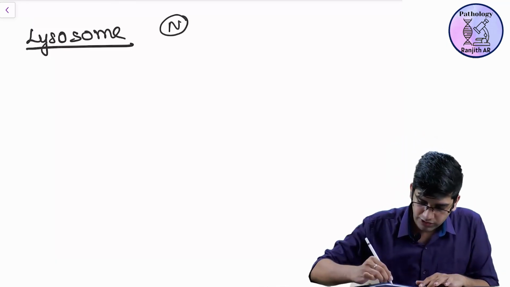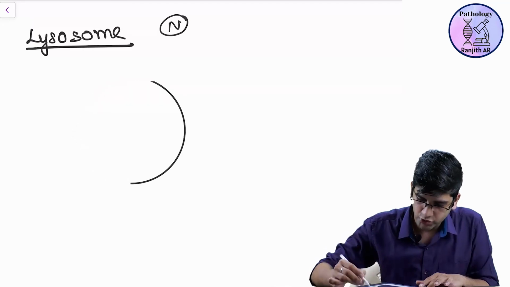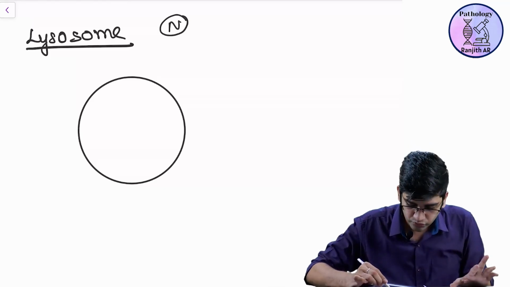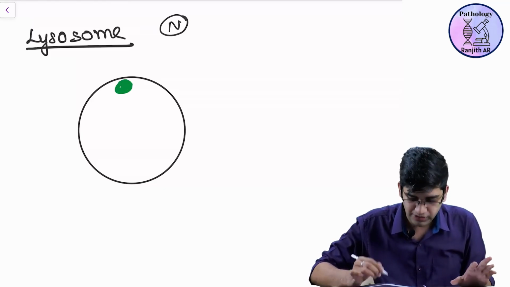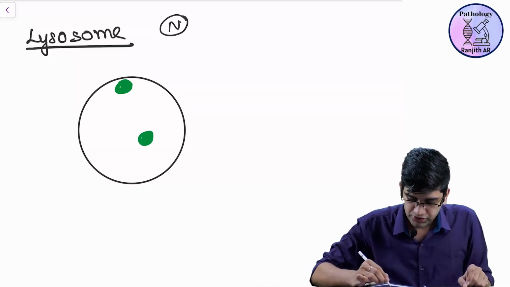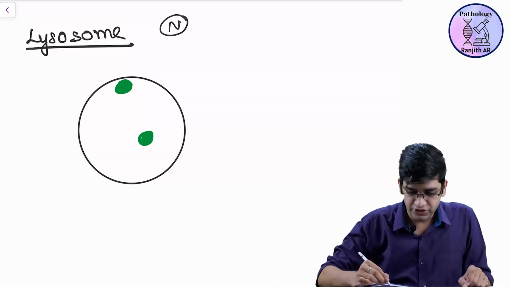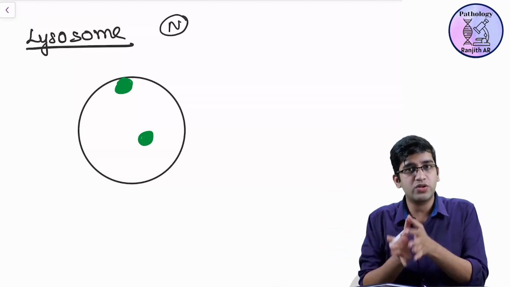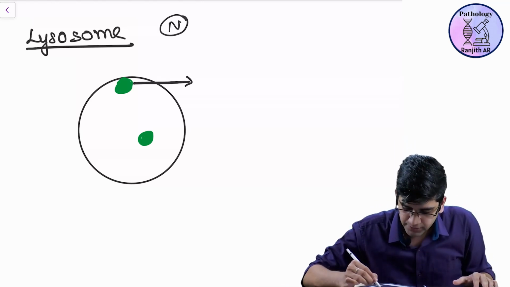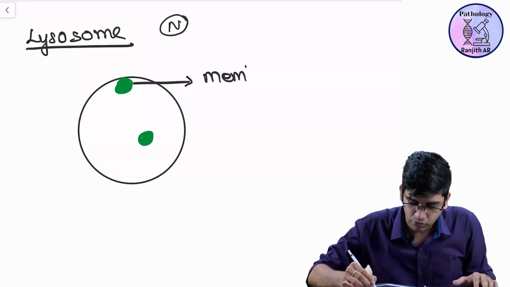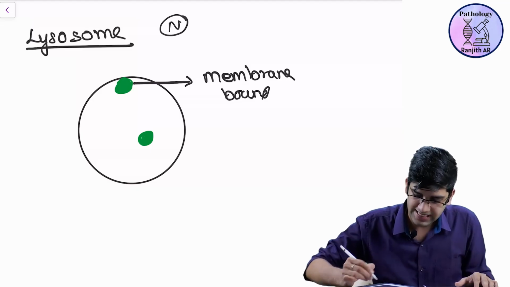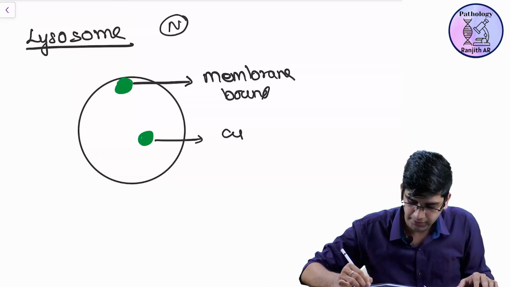I'm just putting around two components or subunits of the same enzyme here. See, one is in the membrane. I just put it close to the membrane. The other one is in the cytoplasm of the lysosome, right? I have a membrane bound component and I have a cytosolic component.